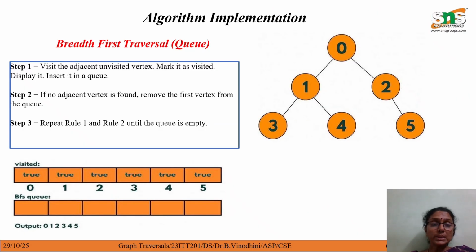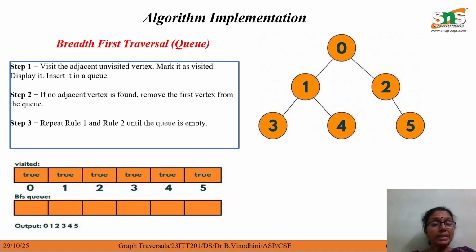What is the procedure for BFS? In BFS we use the queue data structure. Step one: visit the adjacent unvisited vertex and mark it as visited. After that, find the adjacent vertices of the visited node and place those vertices in the queue.